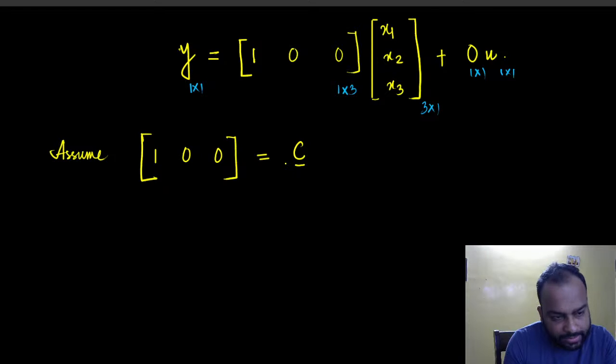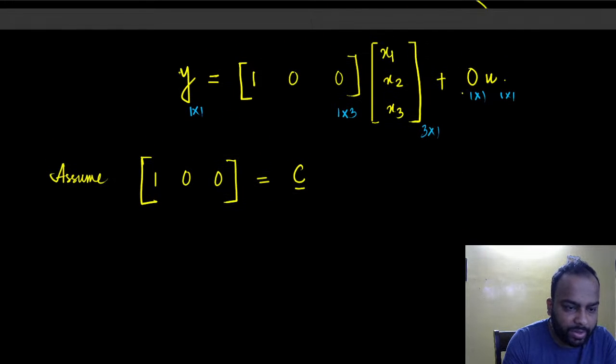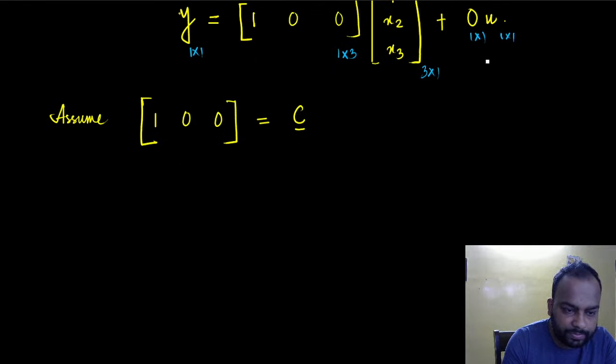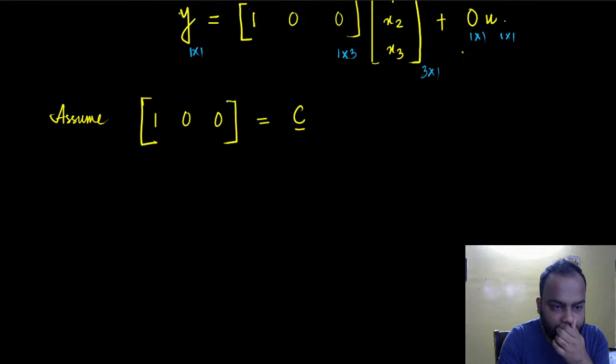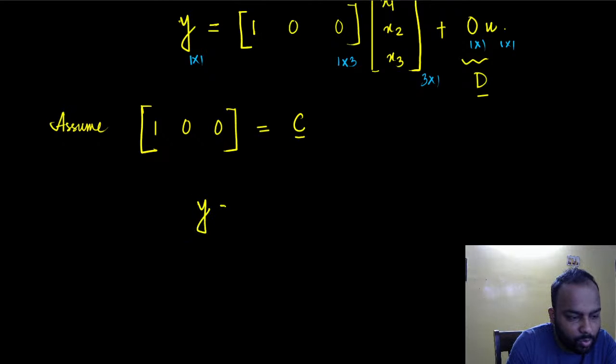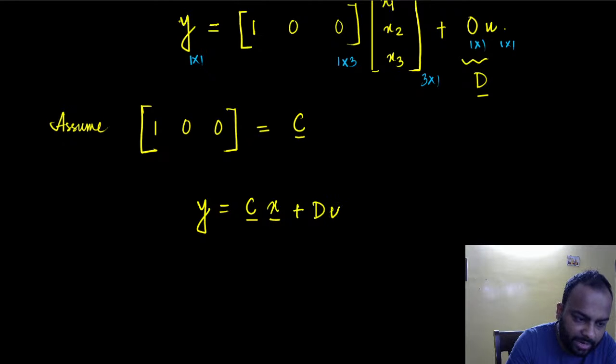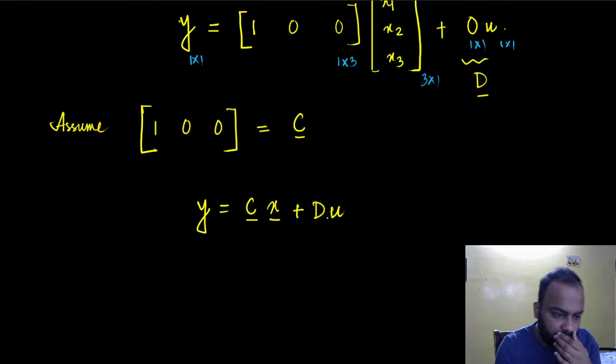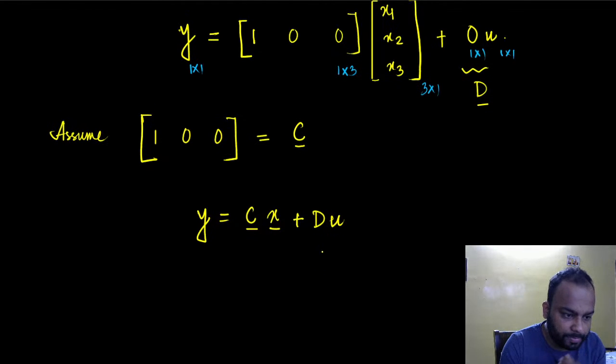We are calling this C, and this 0 here we are calling the matrix D. So this equation can now be rewritten as y equal to Cx plus Du. Fortunately here D is a scalar quantity because we have a single input single output system. And don't worry, we will deal with multiple input multiple output systems later on.